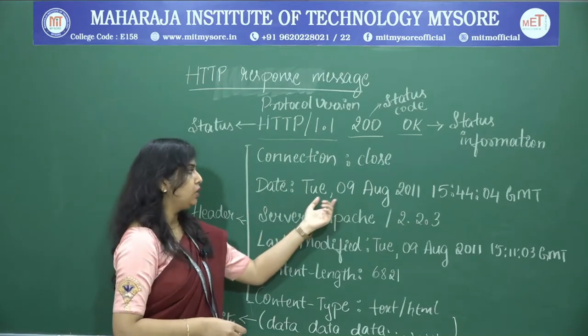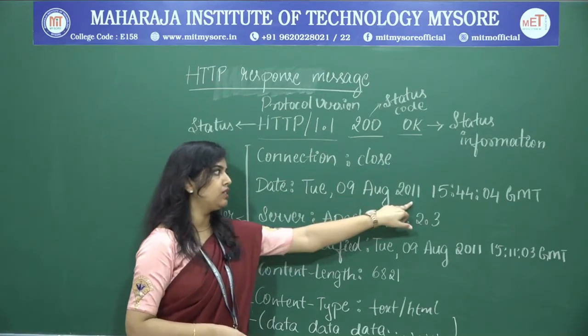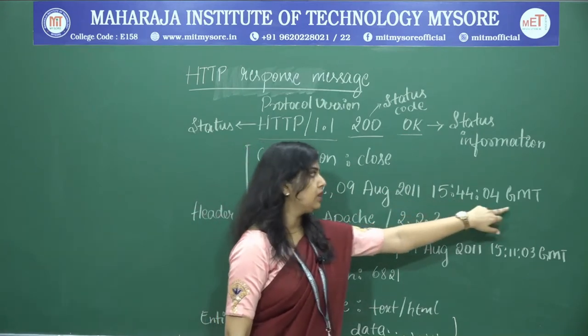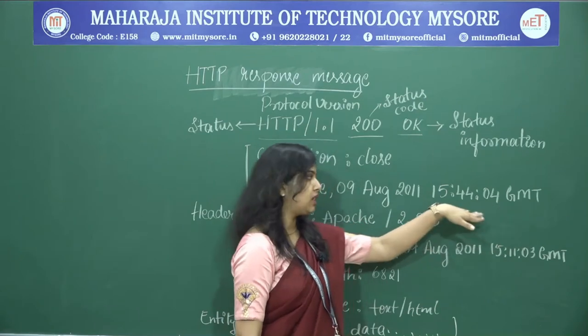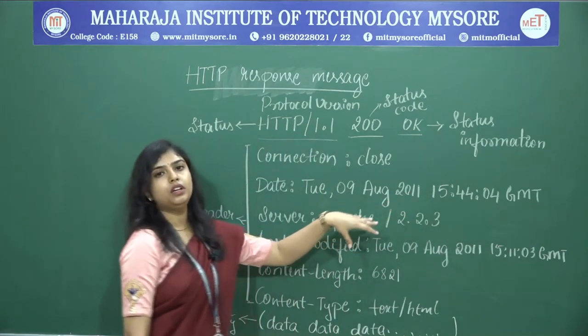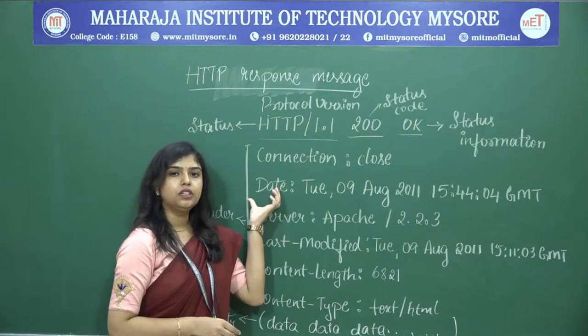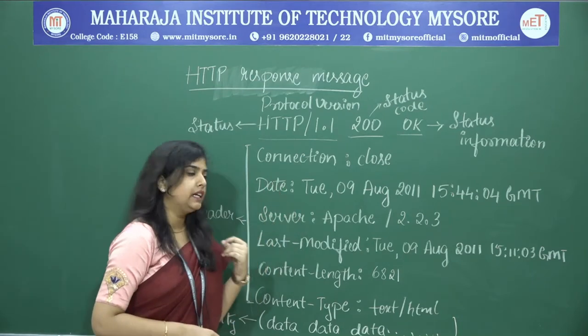That means on Tuesday 9th of August 2011 at 3:44 p.m. GMT, Greenwich time, this is the standard time. At this time the web page was created. That means this date gives us when the object was created.